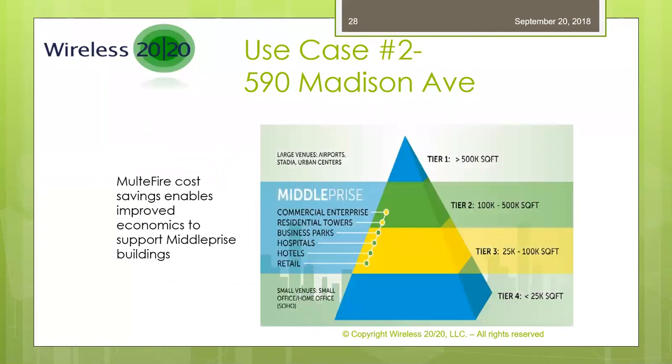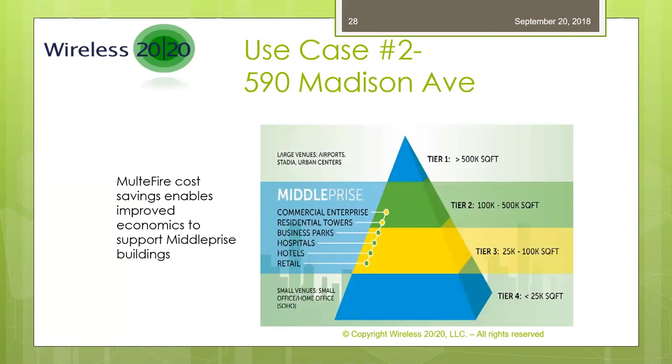Typically, the MulteFire savings enables improved economics to support these middle price buildings. In our use case here, it would be a tier 1 building at 93,000 square meters, probably a building large enough that's going to get the attention of the mobile operators.